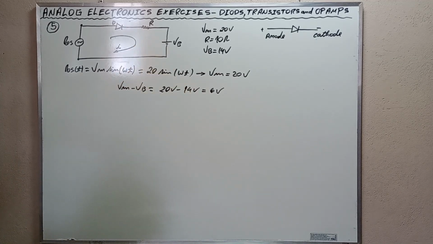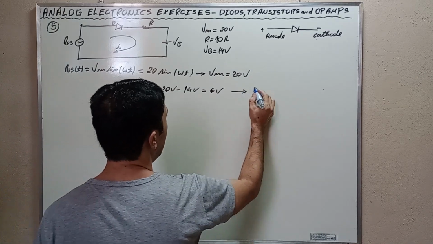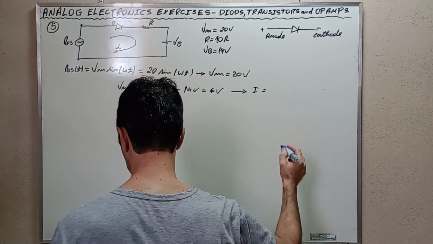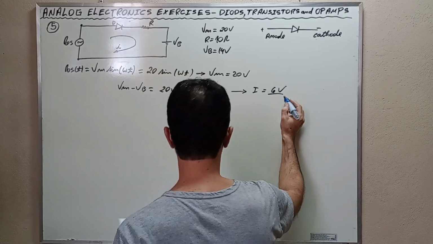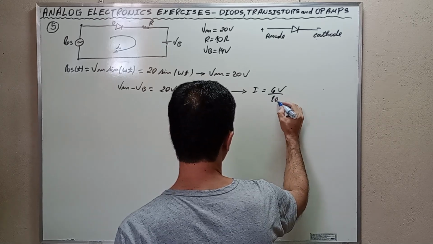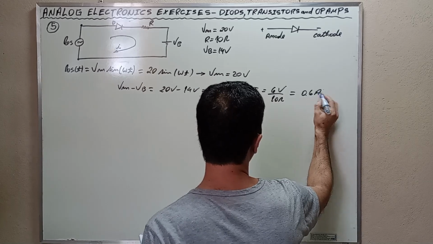Okay, my friends, thus the peak value of the current is, that's what the exercise asks us in letter A, find the peak value of the current. The peak value of the current is I equal to 6 volts divided by 10 ohms, and this is equal to 0.6 amps.